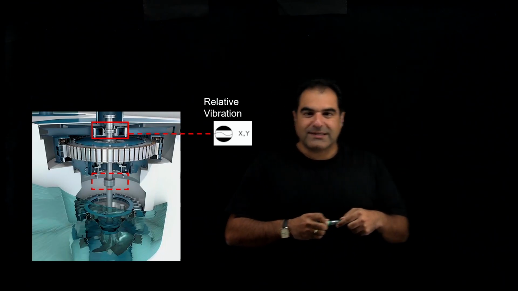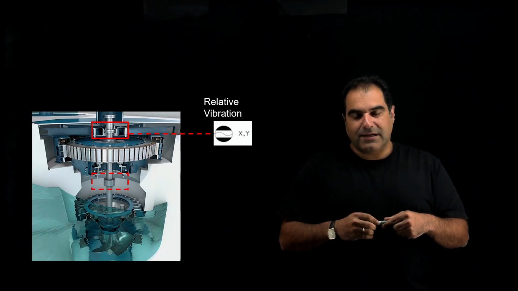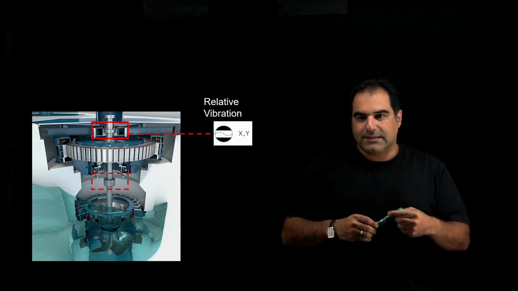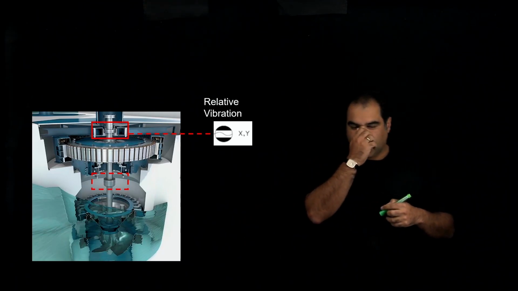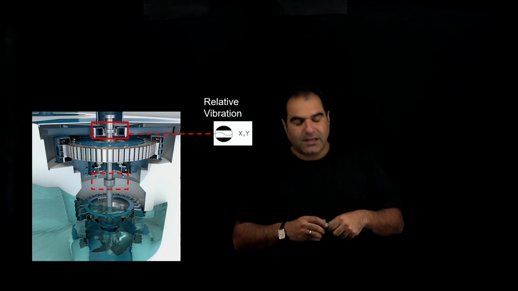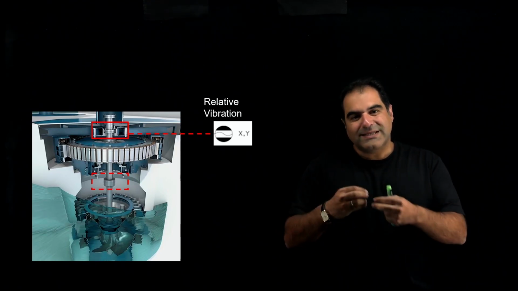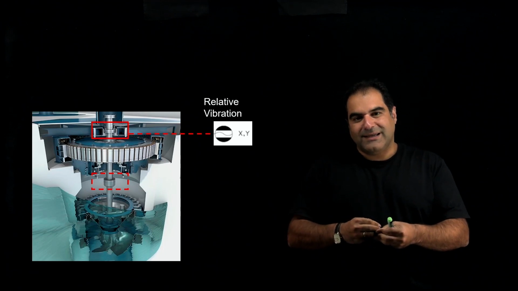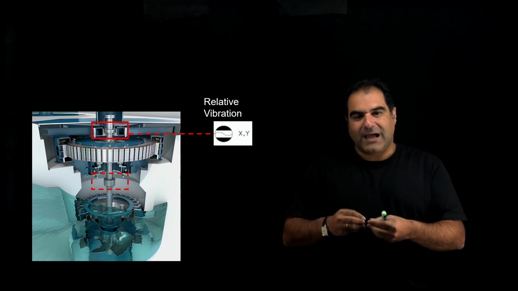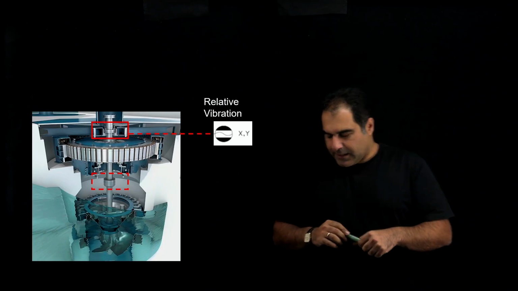One of the questions that people at Hydro-Quebec are asking us is: if you measure the displacement of vibration in the X and Y directions, can you use this displacement and estimate the force acting on the bearings? Why force?